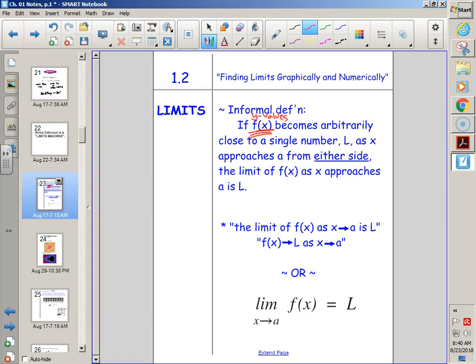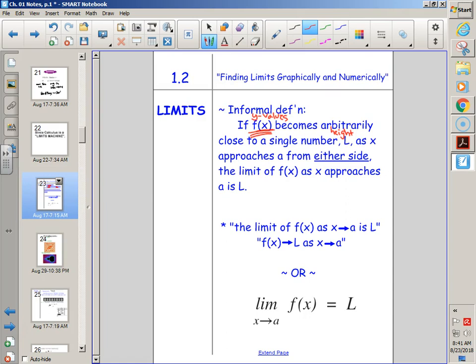F of x values or y values are becoming arbitrarily close to a single number, L, from either side as x approaches a. If the y values are becoming arbitrarily close to a single number, a single position or location or height, a y value L, as x approaches a from either side, the limit will exist.